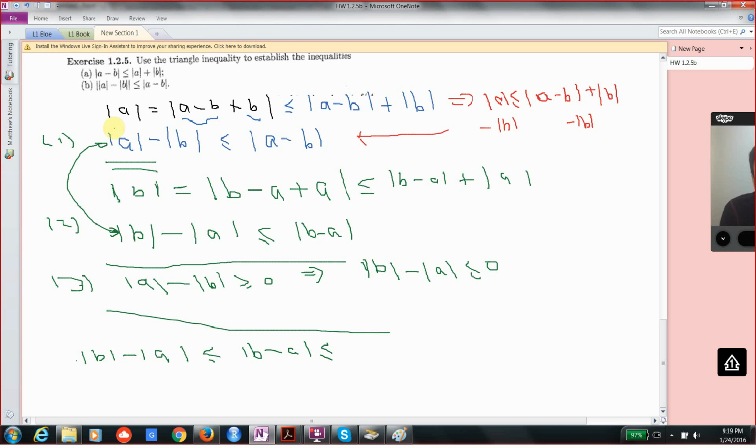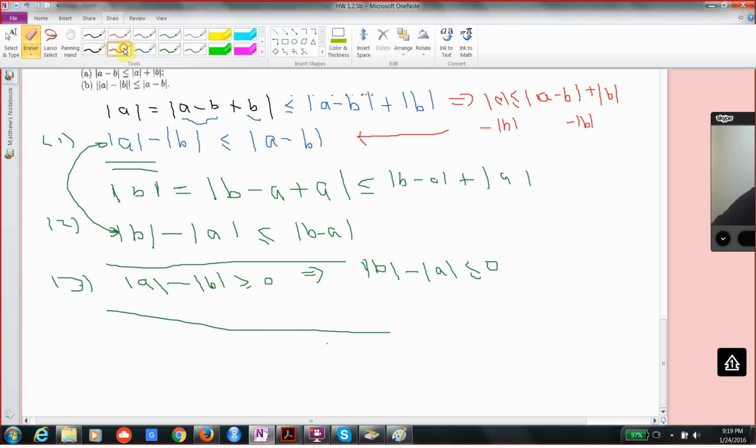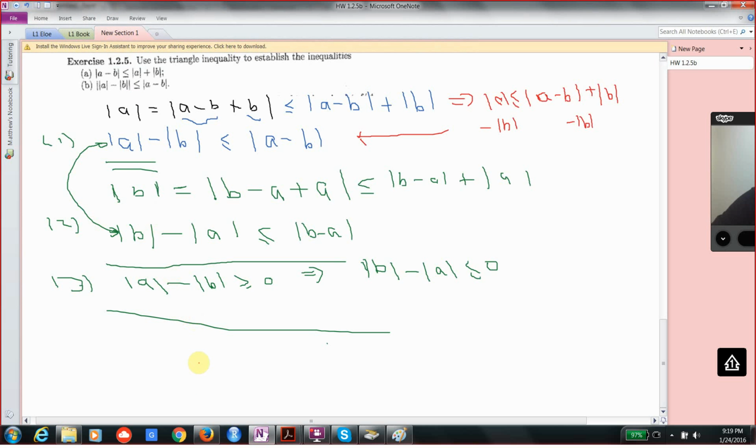So this is greater than or equal to this, and let me back up a second. Let me think for a second what I want to do. Okay, let me start with this one. It's a little easier. So I'm going to say that this is less than or equal to A minus B.